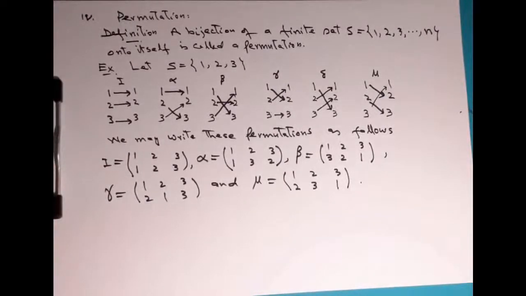So these are the permutations on 3 elements, 1 2 3, a set of 3 elements. These are all the permutations.